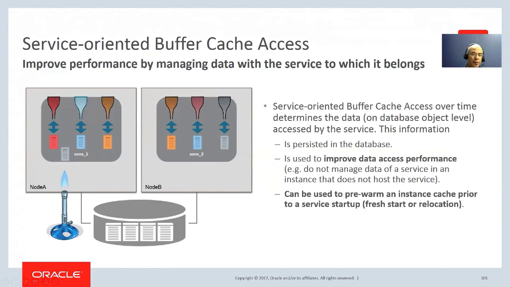In anticipation of, say, a patch on node B, you could pre-warm the cache so that when your users connect to node A and work, they don't have to go through physical reads, because the buffer cache on node B has been pre-warmed on node 1 or node A. Okay.